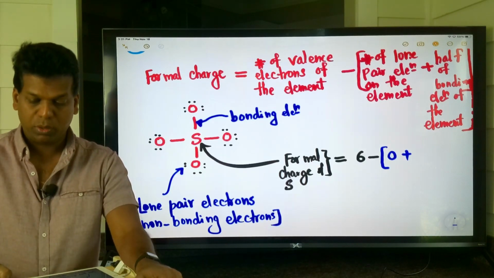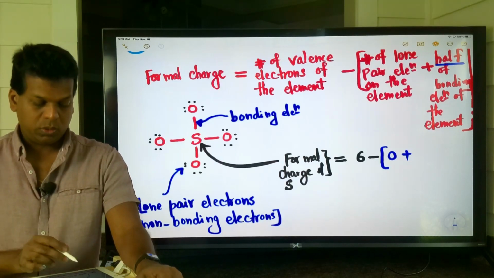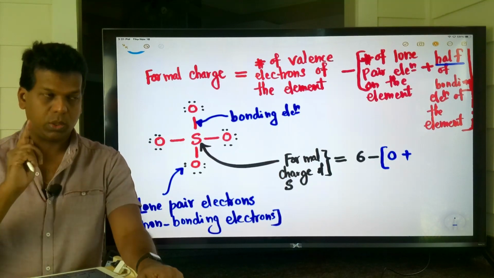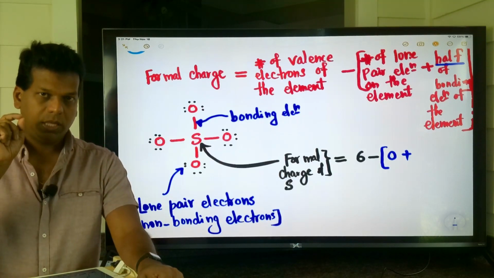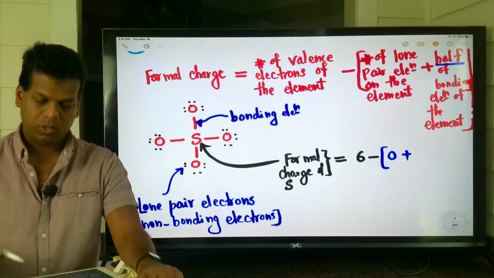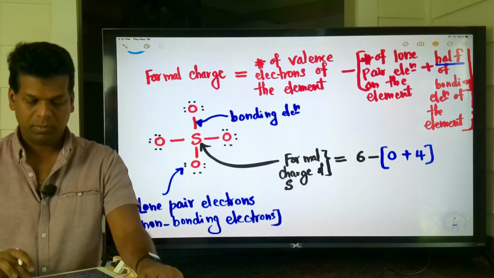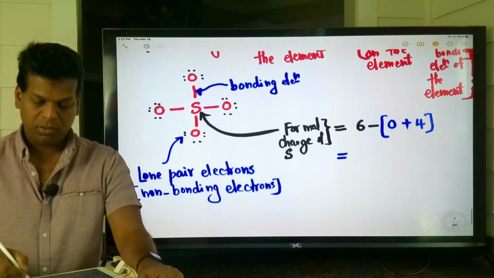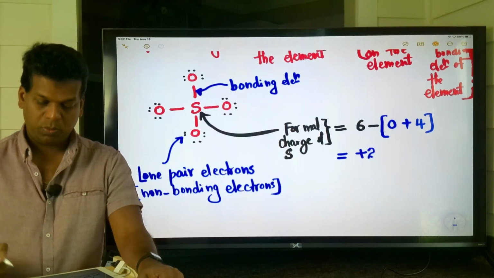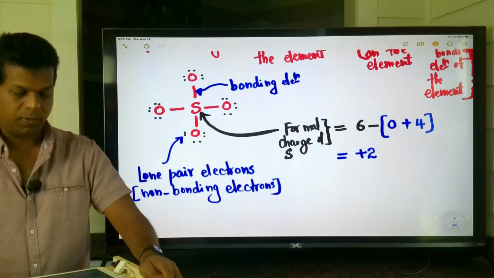It is half, not all, it is half. So around sulfur there are 4 bonds, each bond is 2 electrons, so there are 8 electrons, and we need half of that. So it is going to be 4. So now the formal charge of sulfur is going to be 6 minus 4, positive 2 in this molecule.